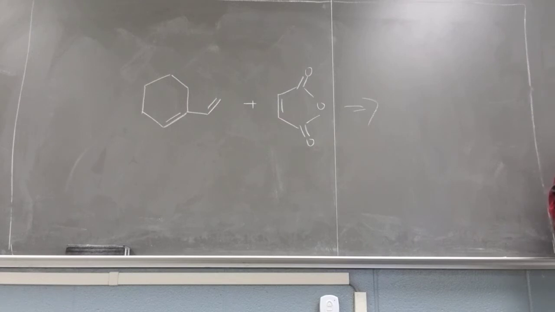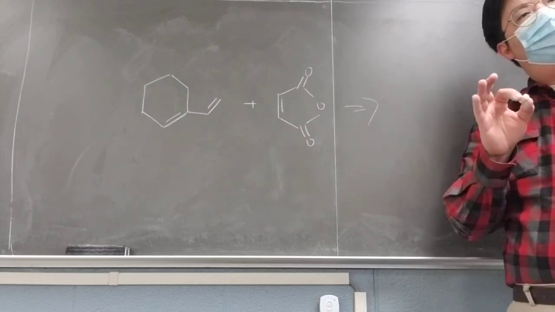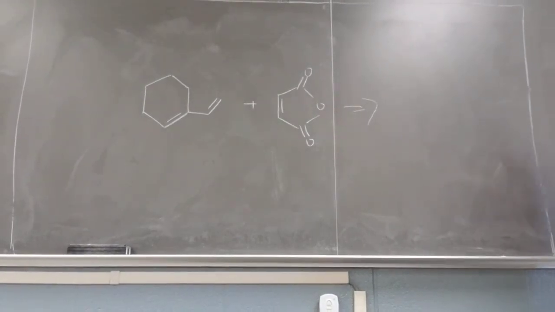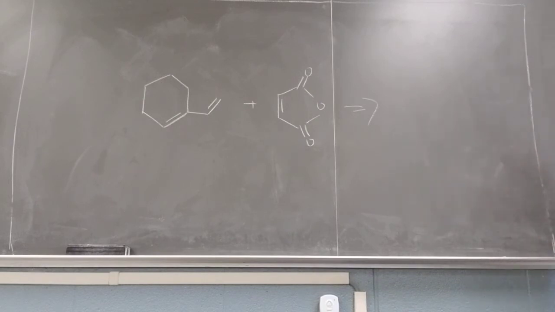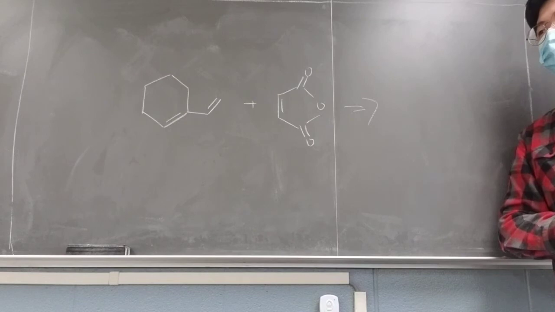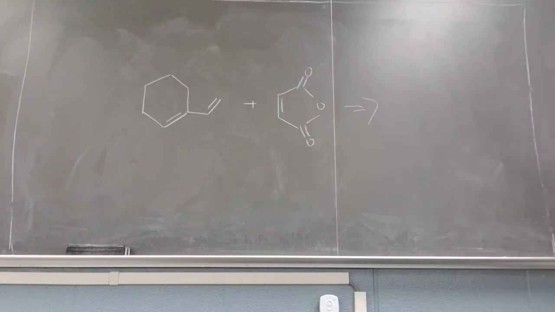Okay, just 1 minute. You can try to rotate the single bond, and you can see if you can put it in the cis form, and then try to do the Diels-Alder direction on the diene, and then you get the products.